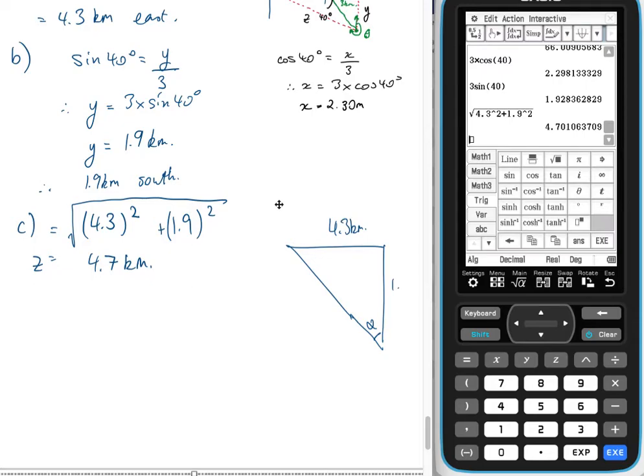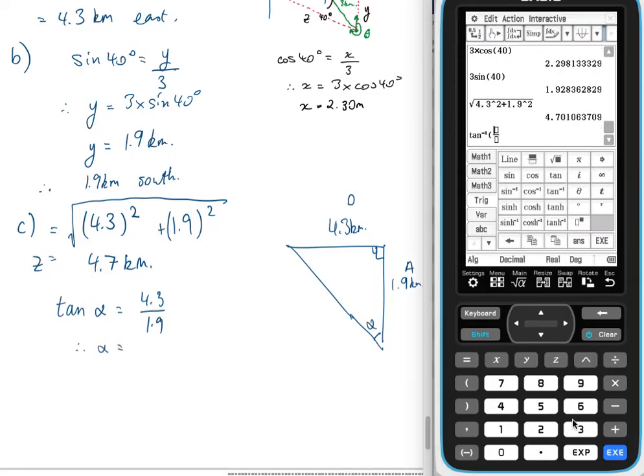And to work out alpha, firstly it's right angle trig, and this is opposite and adjacent, so therefore we'll be using tangent. So tan alpha is equal to 4.3 on 1.9, therefore alpha is going to be, okay, we plug in our calculator, shift, divide, and go 4.3 divided by 1.9.